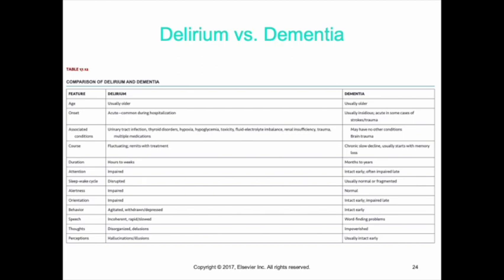With dementia, there may not be any other conditions involved, or it could be also with brain trauma. So use this table to go through and to see what is the same versus what is different, and this will help you to answer many types of questions regarding delirium and dementia.